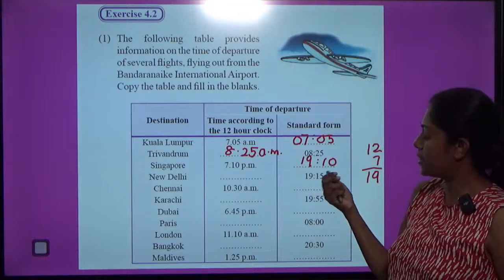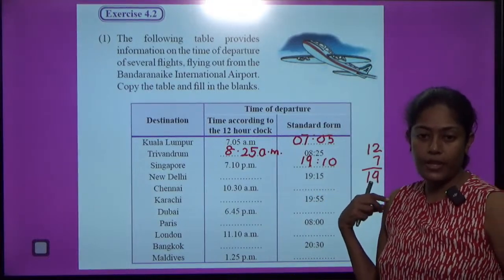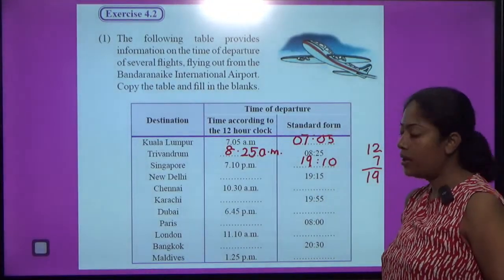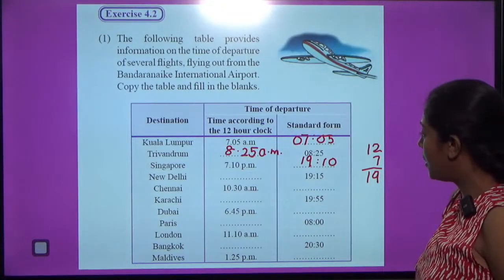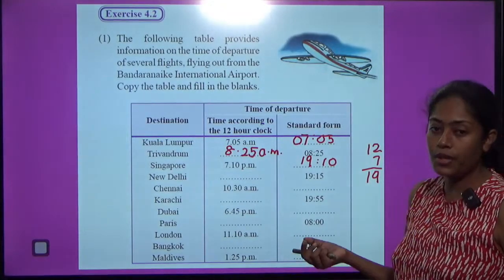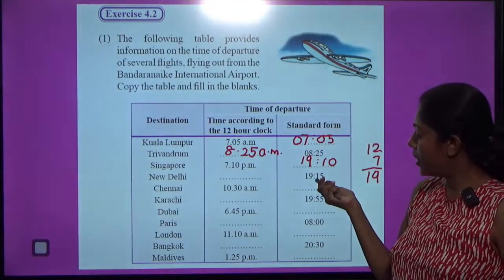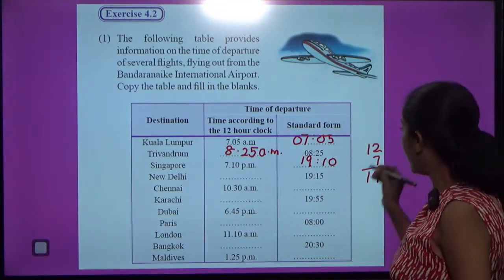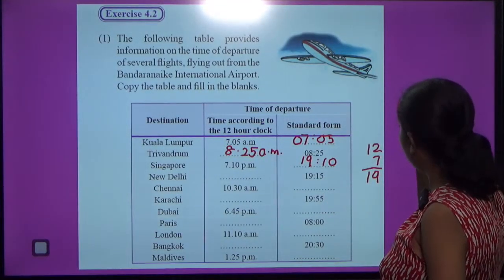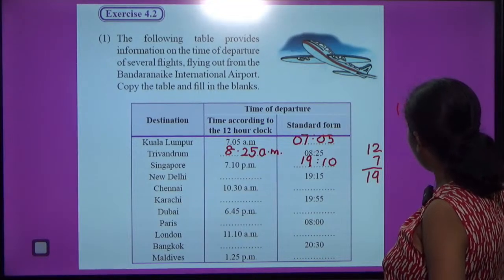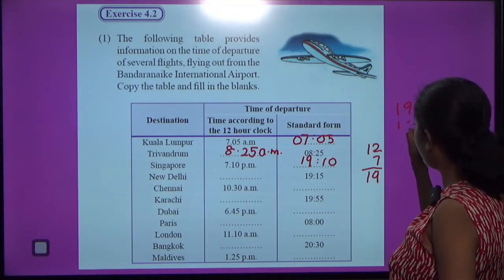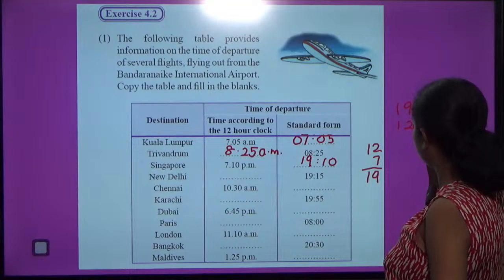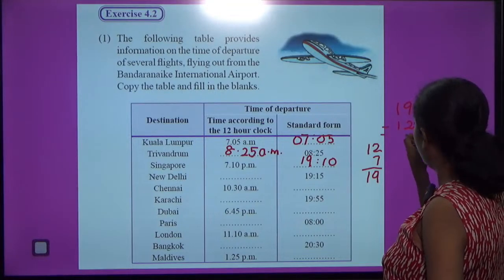Here they have given next one 19:15, that is in standard form. So you have to write in 12-hour clock. So what you have to do is you have to subtract 12 from the given time. Given time is 19:15. From that you have to subtract 12. Then what's the time?